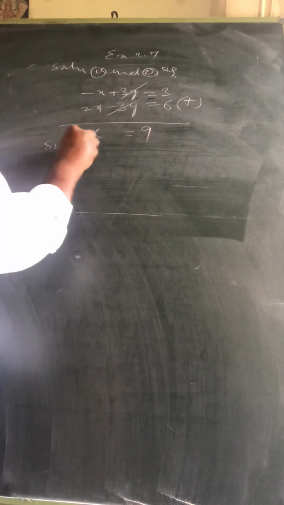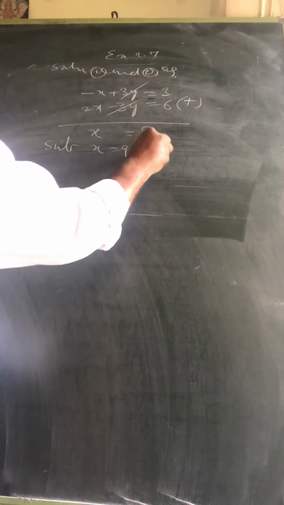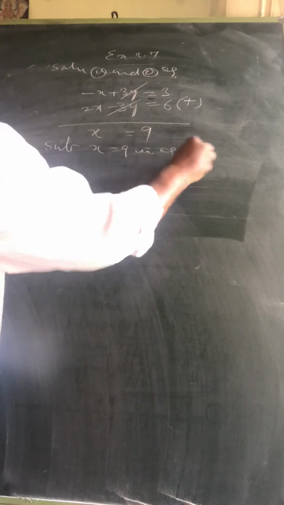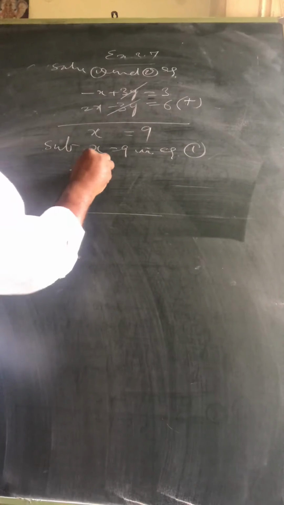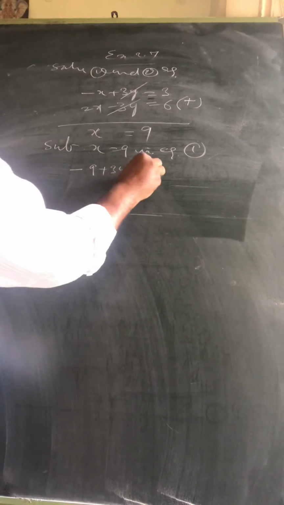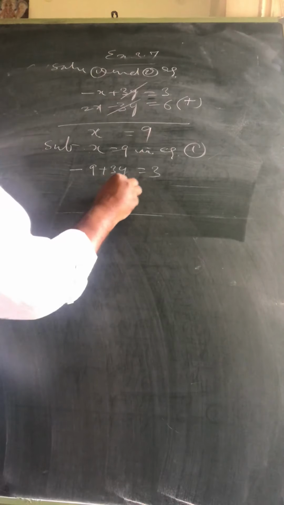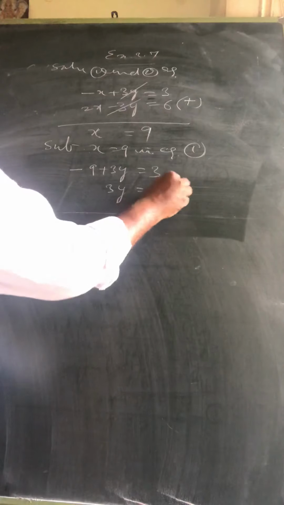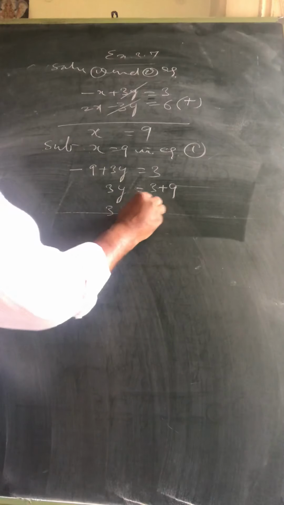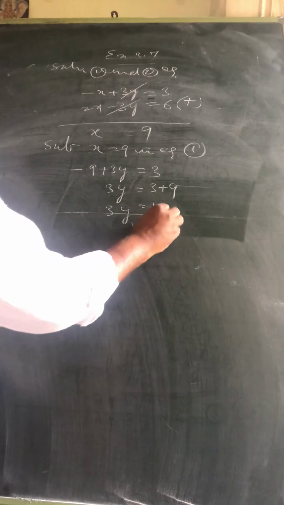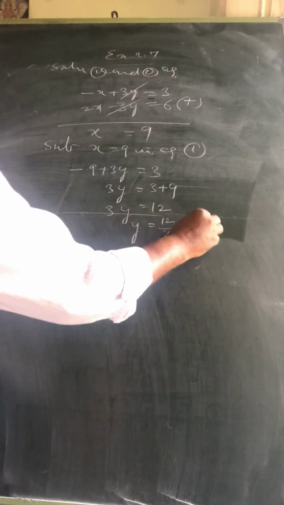Substitute x is equal to 9 in equation 1. Minus 9 plus 3y is equal to 3. 3y is equal to 3 plus 9. So 3y is equal to 12. y is equal to 12 by 3, which is 4.